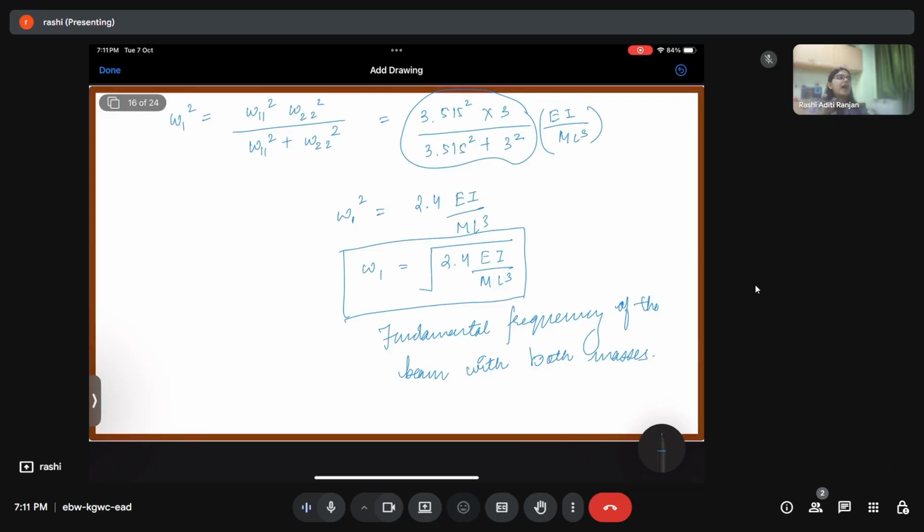For example, if I have a system which I am making by considering system A and system B, and now I'm adding both the systems and getting the system C. So instead of finding the fundamental frequency of system C, if I already know the fundamental frequency of A and of B, I can use this same concept to find the fundamental frequency of the system which is the assembly of system A and system B, also known as system C.